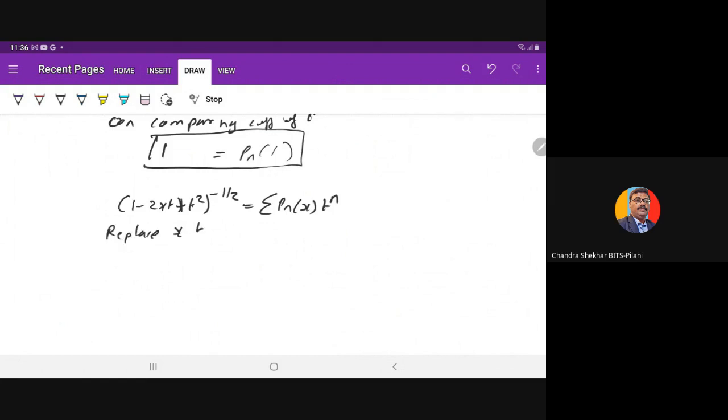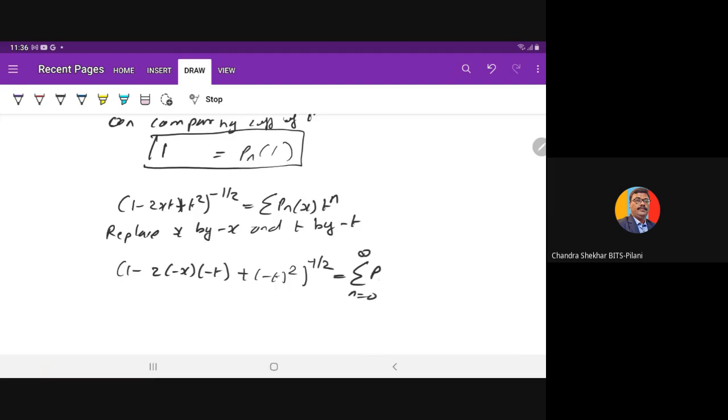Replace x by minus x and t by minus t in this generating function. So it will become (1 minus 2 (minus x)(minus t) plus t square) to power minus half is equal to summation n is equal to 0 to infinity Pn(minus x) (minus t) to power n.